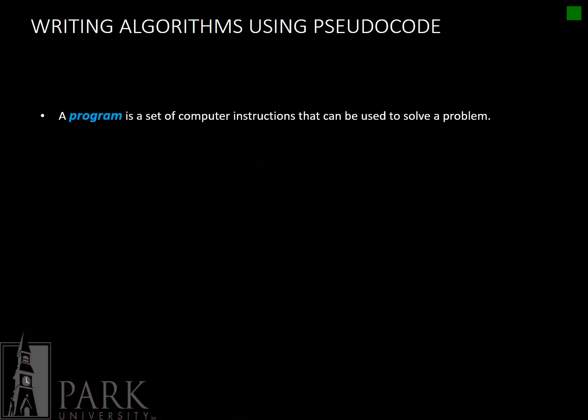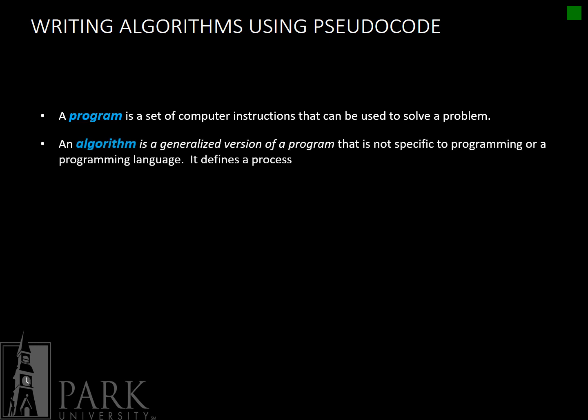So a program is a set of computer instructions that can be used to solve a problem. An algorithm is basically a generalized version of a program. Okay, it's not specific to any particular programming language or program. It simply defines a process, right?